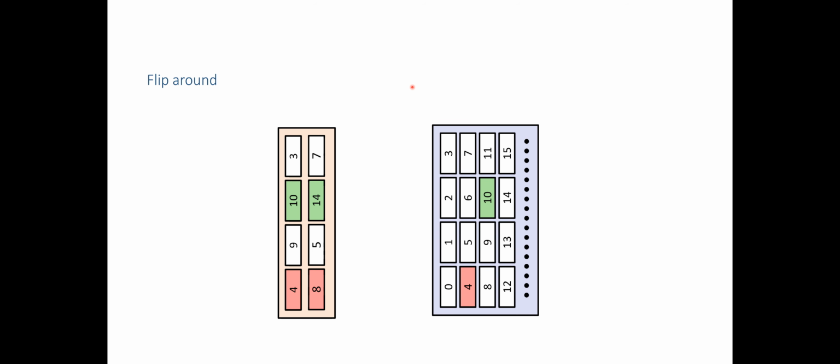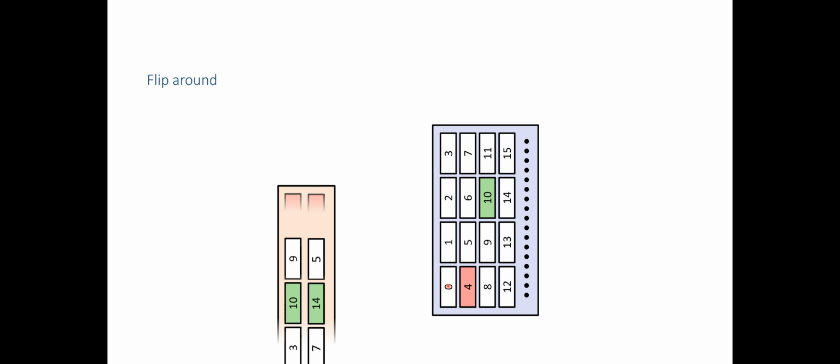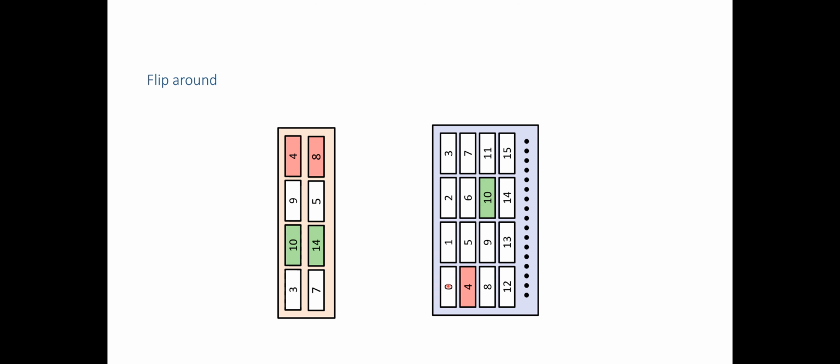Notice how 4 and 8 are on the bottom, and those correspond to our first block, our 0th block of memory, right here. So I'm going to flip this around. We're going to put the cache so it looks like this, and flip the memory around so it looks like this. Now you see the lowest block of memory is right here, the next block of memory is here, and so on.